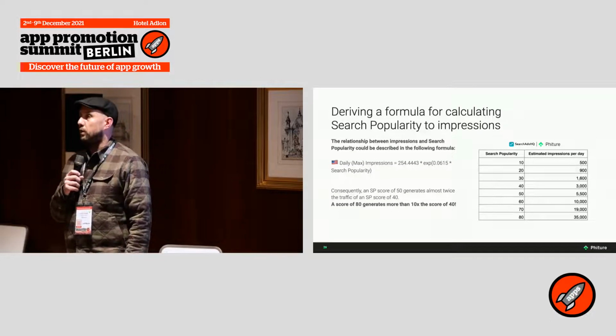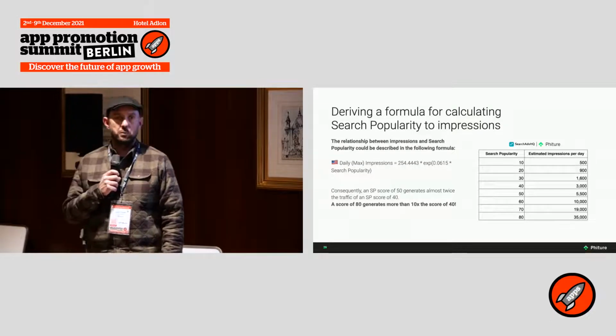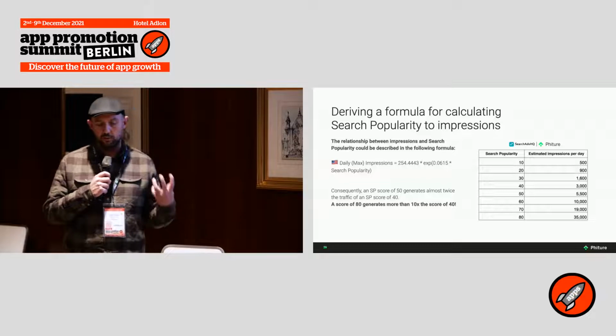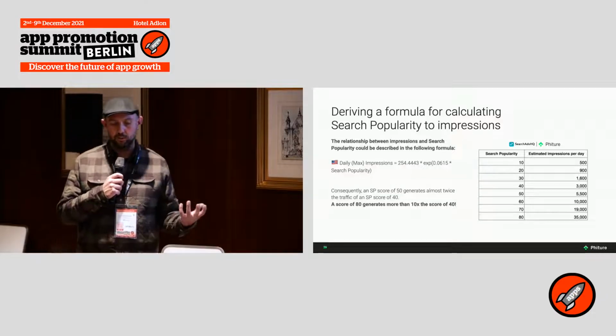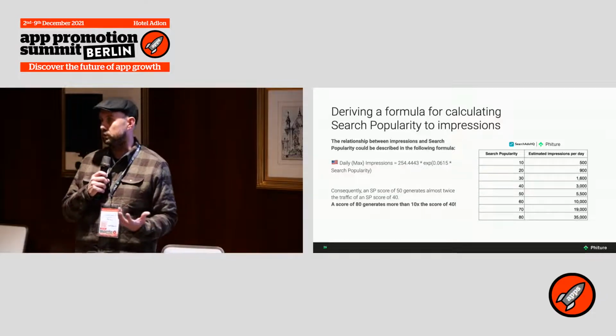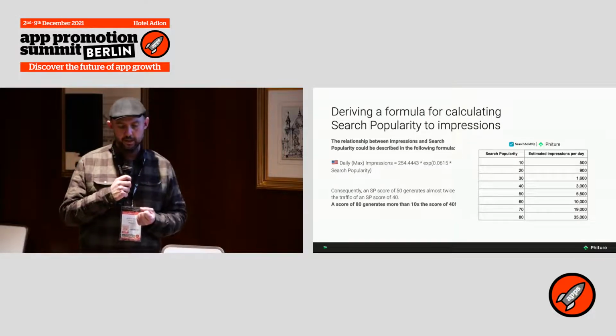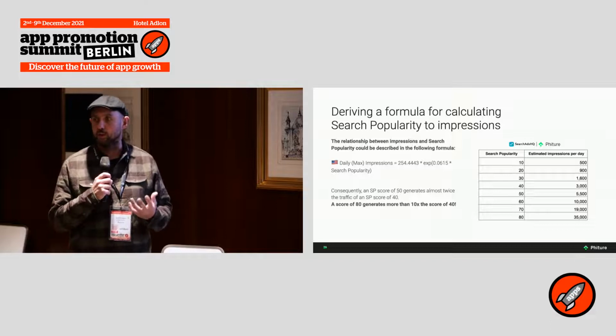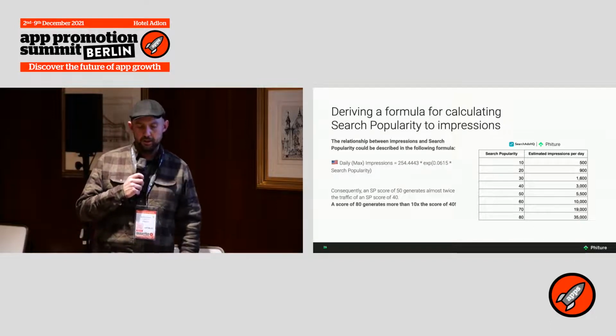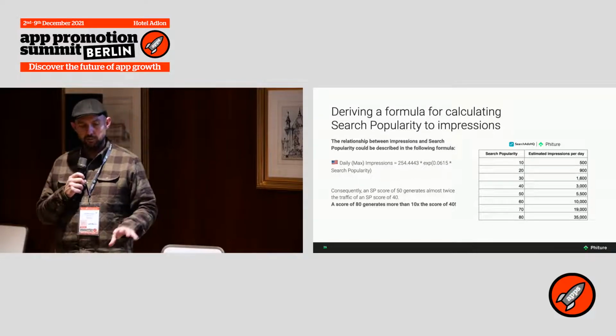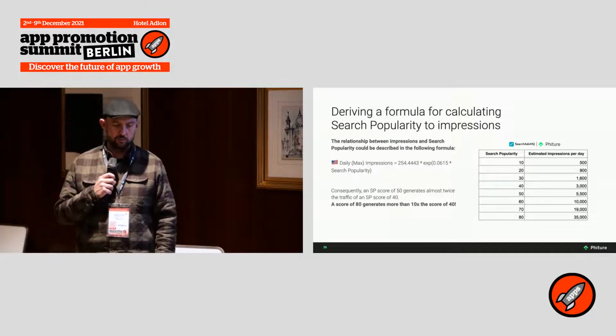And out of that followed a formula that we could use to look at the difference between a 40 and a 50 search popularity score, right? That was the question we were trying to answer for ourselves. And how much absolute traffic is there happening on those keywords? Here you see that for the United States, but we did a couple of these for other bigger storefronts as well.